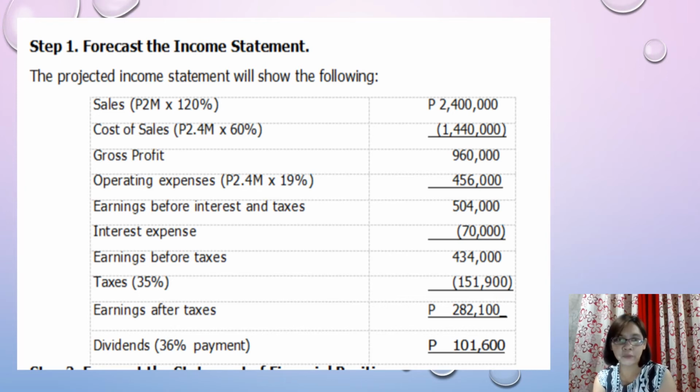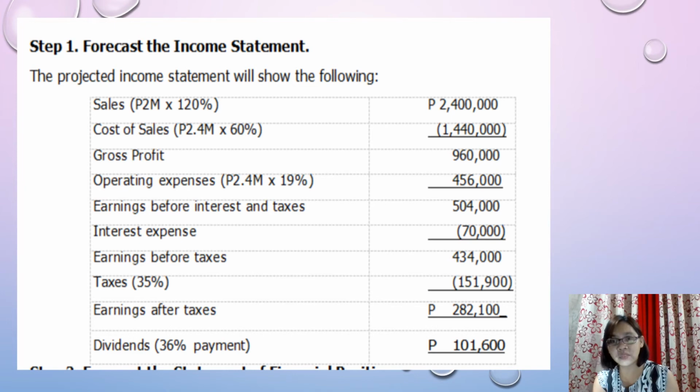And then in your copy po, meron pong interest expense dyan na 70,000. Same lang din po dito, which is 70,000. Para makuha yung earnings before taxes, ililess po natin yung 504,000 sa 70,000. So, yung earnings before taxes is 434,000. Okay, and then, meron pong nakalagay dyan na taxes, which is 35%.